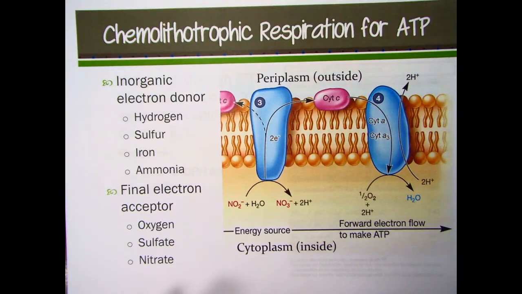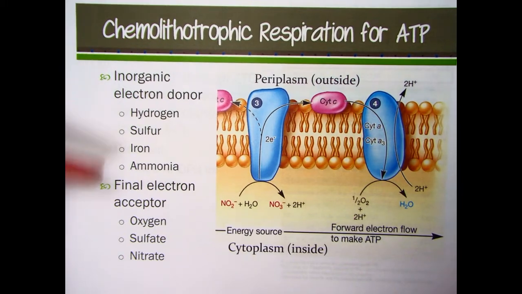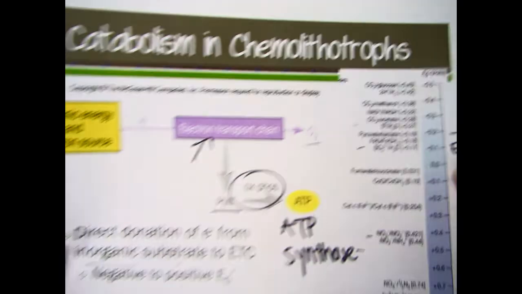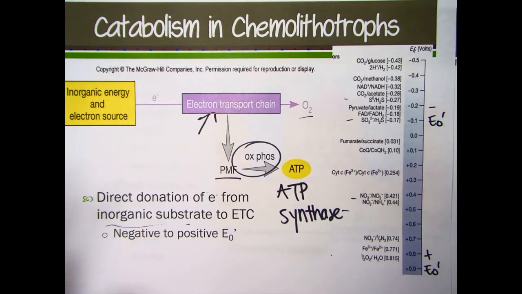This is just a list of possible electron donors and electron acceptors. In general, all that you're going to need to know is that both the donor and acceptor are inorganic compounds. I may want you to interpret a chart or even make a guesstimation given values.